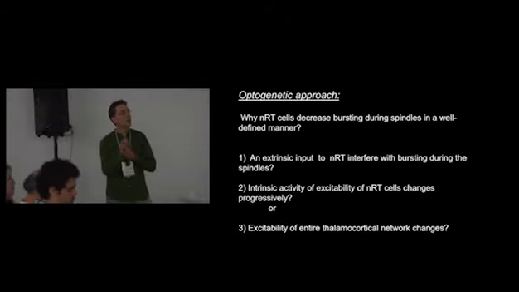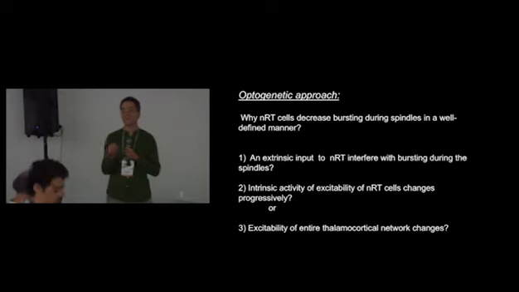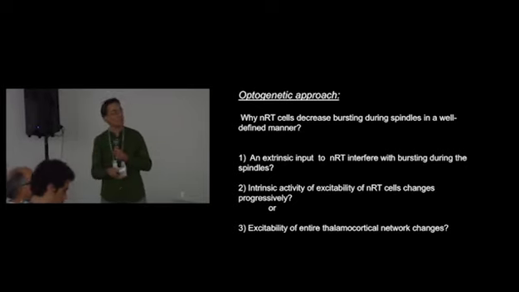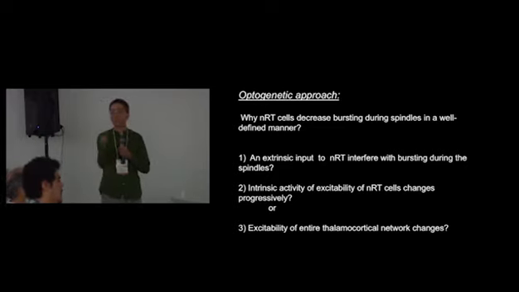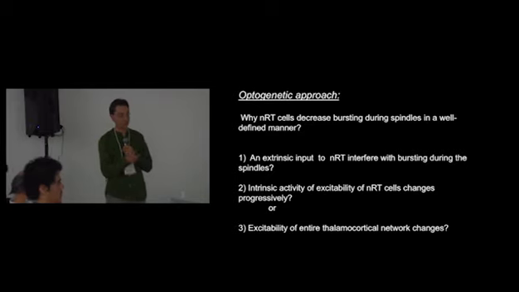Or the intrinsic activity, or excitability, of the NRT cells changes during the spindle, and this sets these changes. And finally, it's also possible that the entire thalamocortical network changes in a systematic fashion as the spindle progresses.